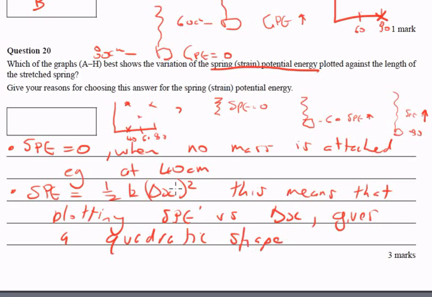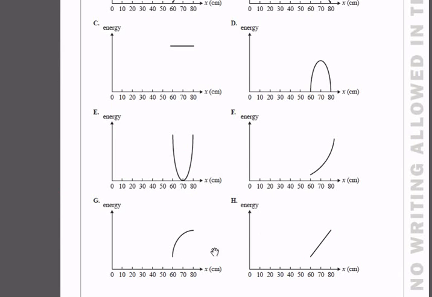Because you've got SPE proportional to change in x squared. That square gives it the quadratic shape, and a quadratic shape looks like that. And that is why it's definitely F.